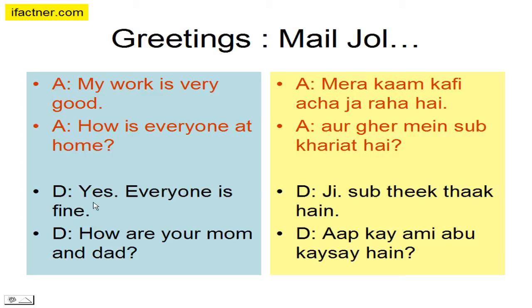D replies yes, everyone is fine. You can say either जी or हाँ. जी is out of respect and हाँ means yes. Both mean yes, but जी is a politer form of हाँ. जी सब ठीक ठाक हैं, everyone is fine. ठीक ठाक means good, okay, fine, हैं are. जी सब ठीक ठाक हैं.